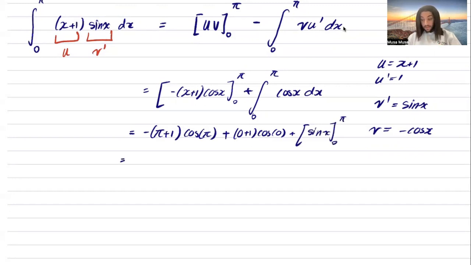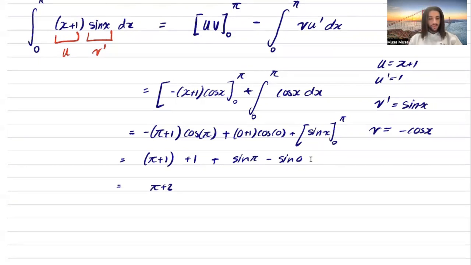Subbing in, cos of pi is minus 1, so we end up with pi plus 1. And then cos of 0 is just 1, so it's plus another 1. And then plus sine of pi minus sine of 0. I think those just both go to 0, don't they? So I think you end up with just pi plus 2. Very nice.